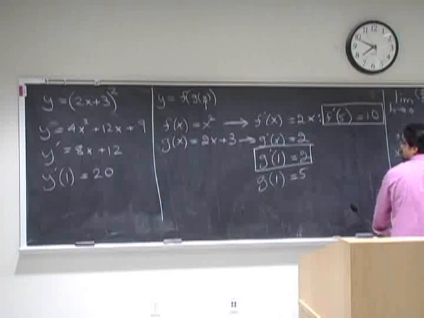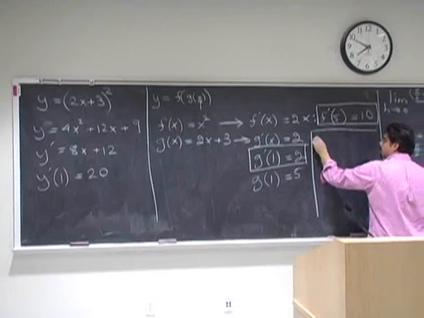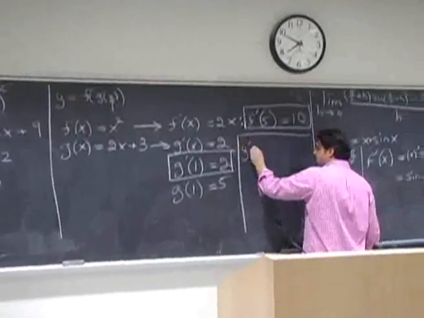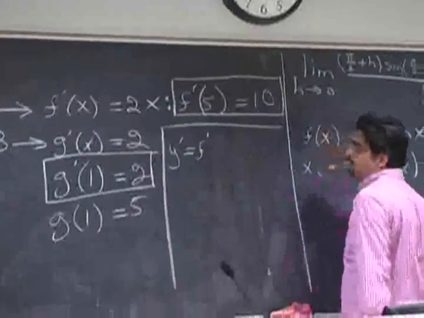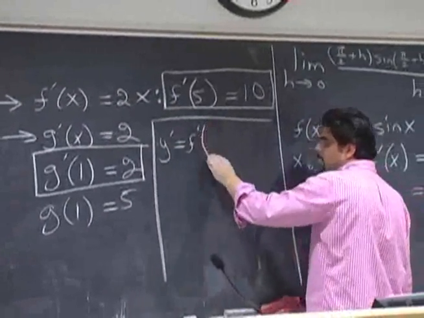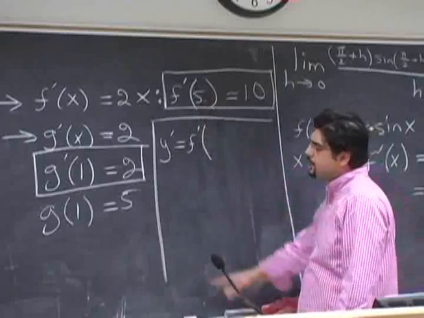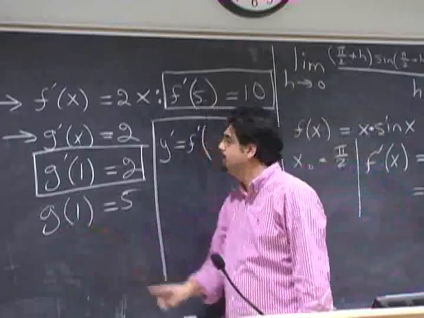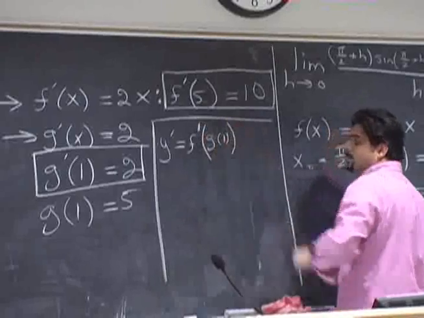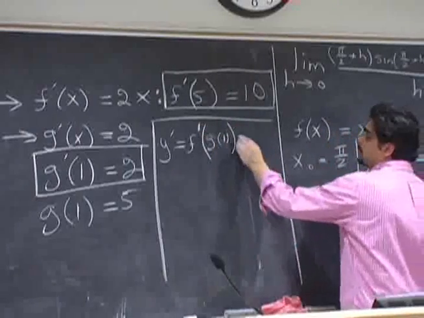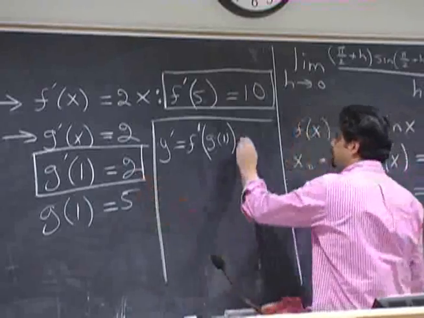As a matter of fact, let's write down what we just realized. y prime was the derivative of f evaluated at 5. But what does 5 represent? 5 represents the value of g at 1. So f prime of g of 1, right, times g prime of 1.